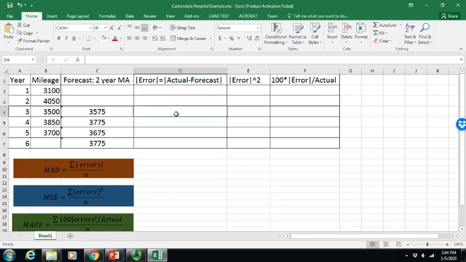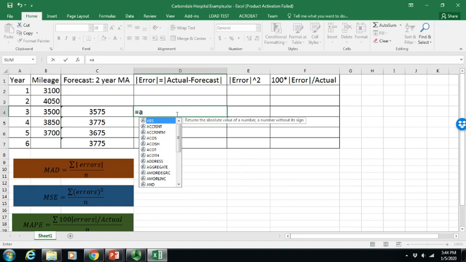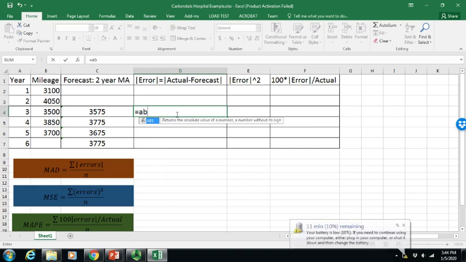We start from year 3, so actual minus forecast is the error, but we better go with absolute value because we don't mind which one is bigger. What we care about is the difference between actual and forecast. What is the gap? So the absolute function in Excel is ABS.